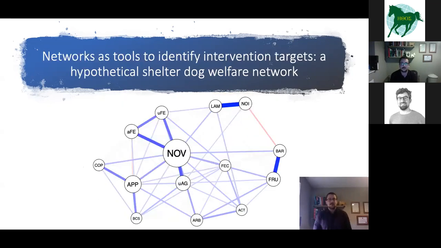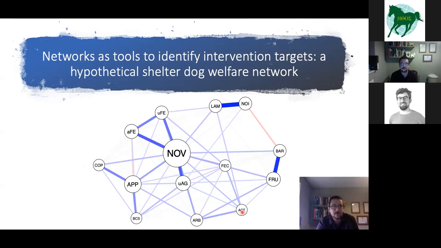So let's say I want to know what I should intervene on to improve shelter dog welfare. One research program I might do is to take a bunch of measures that are feasibly their own distinct components, measure them in a large group of dogs, and find out what the network structure is to identify what might be important in that system.